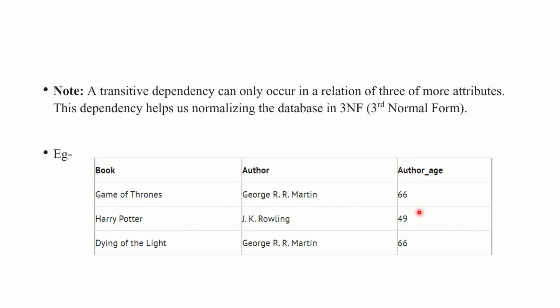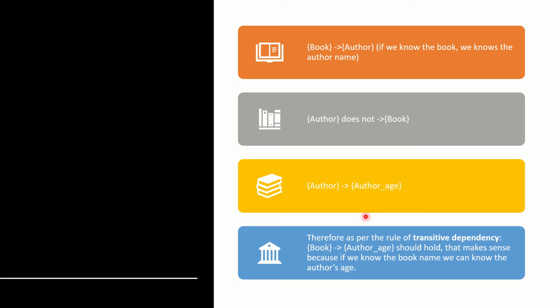Suppose you consider this information about book: book is there, author is there, author age is there. If you analyze each and every attribute, we can say that book implies author.